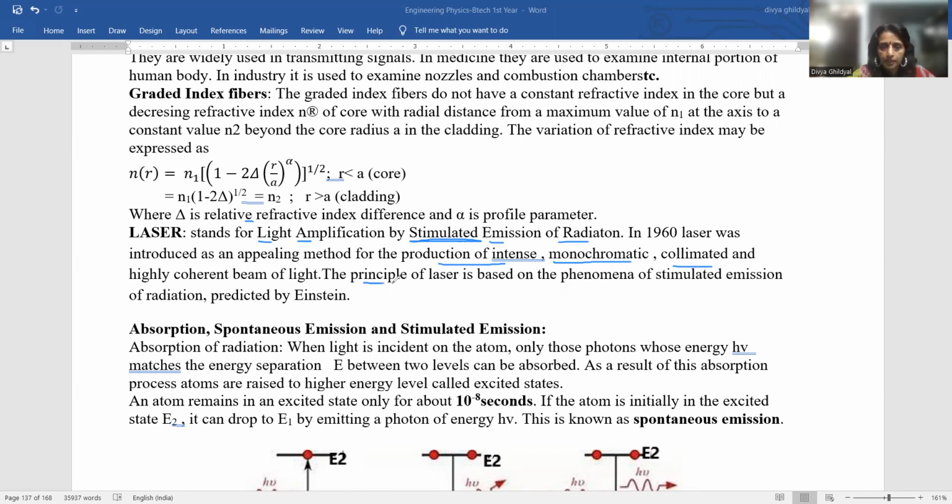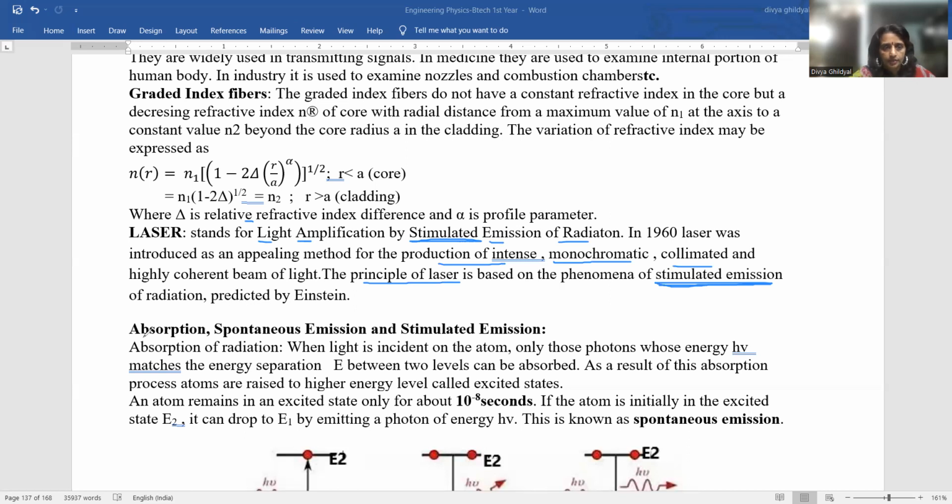And the principle of laser is based on the phenomena of stimulated emission. Please do not confuse it with the word spontaneous. It is based on the principle of stimulated emission of radiation. This has been stated by Einstein.